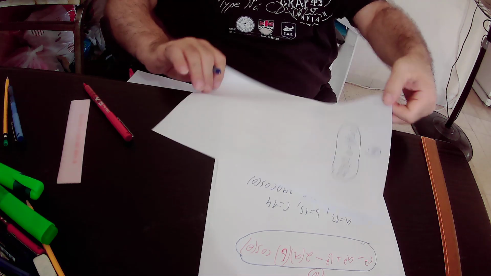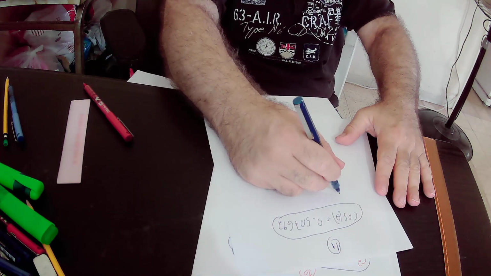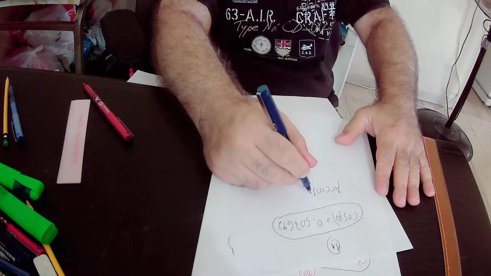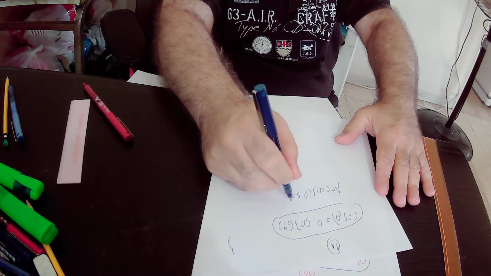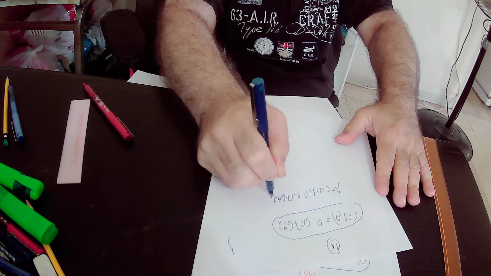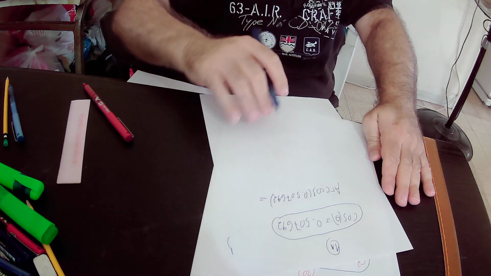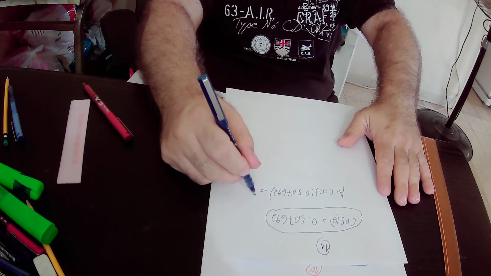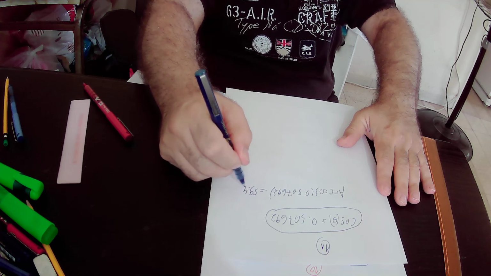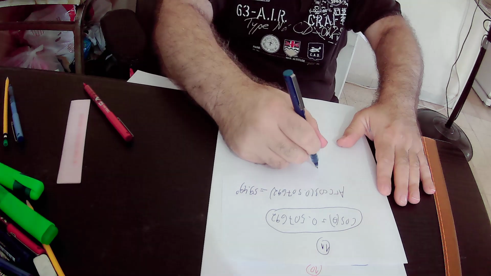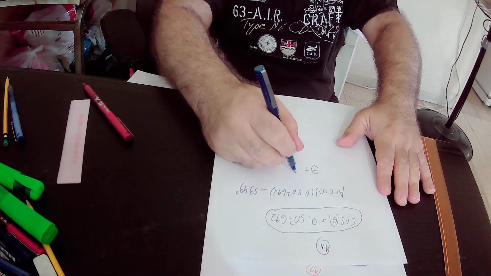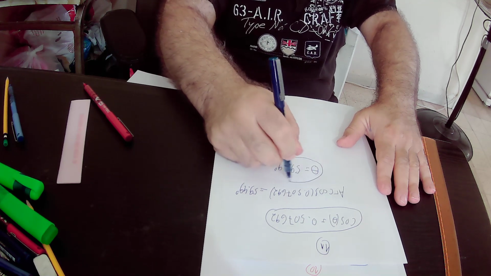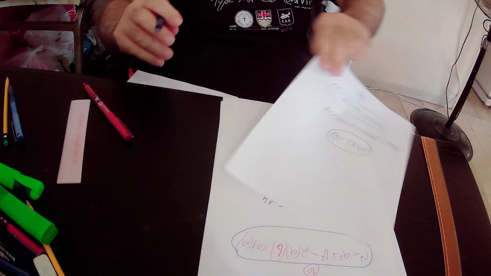So actually arc cosine of 0.507692 equals the value of theta, and the value of theta is 59.49 degrees. We got that the value of theta equals 59.49 degrees. Okay, we found the value of theta.